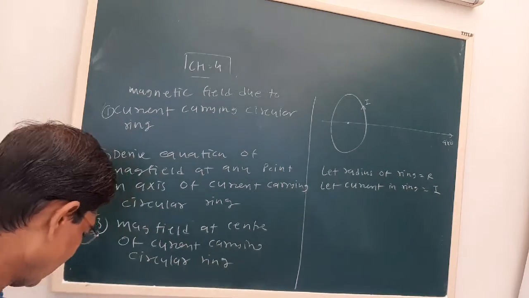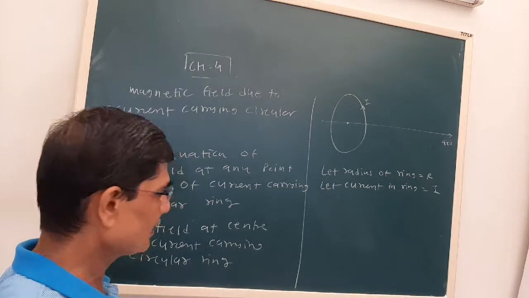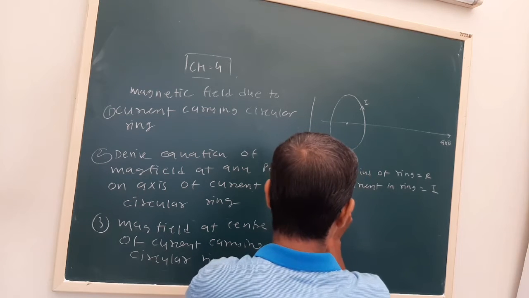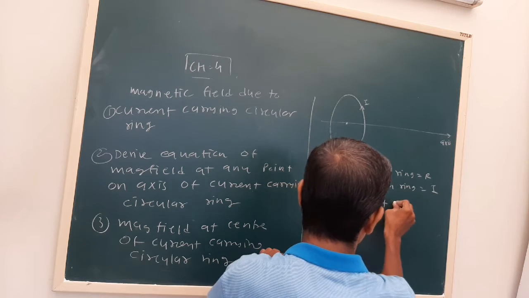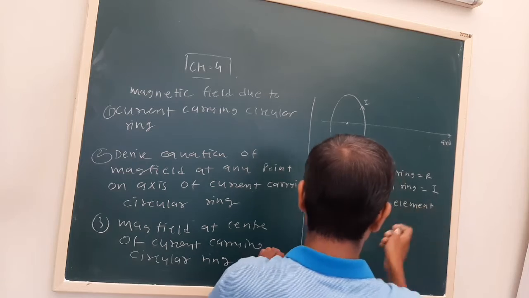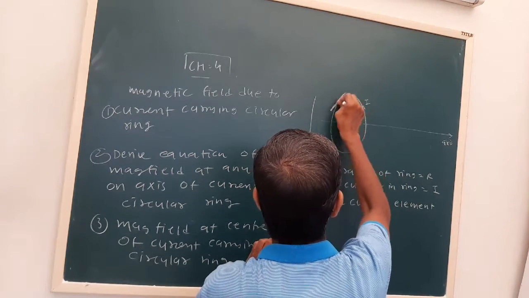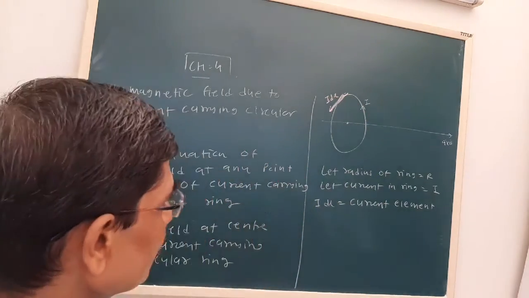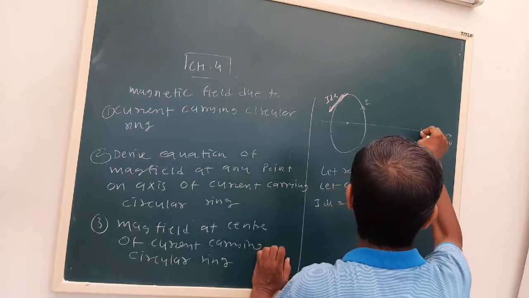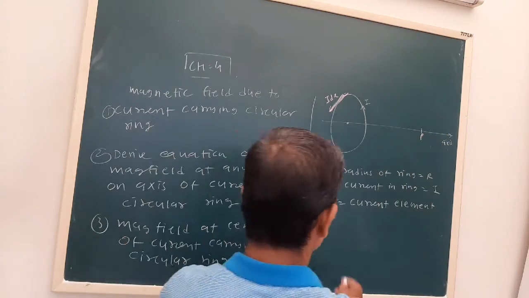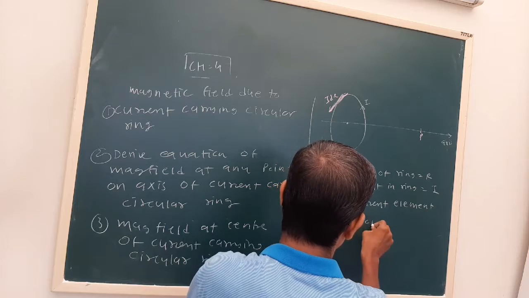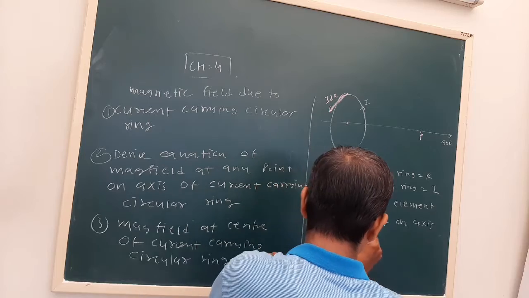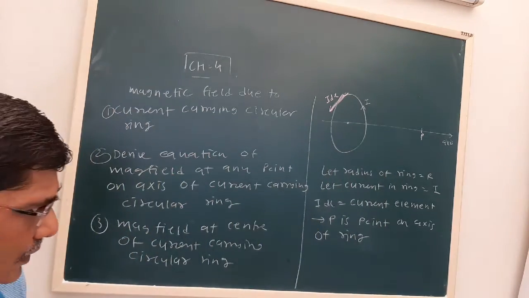Now by Biot-Savart law, IDL is the current element. Let us say P is a point on the axis of the ring.